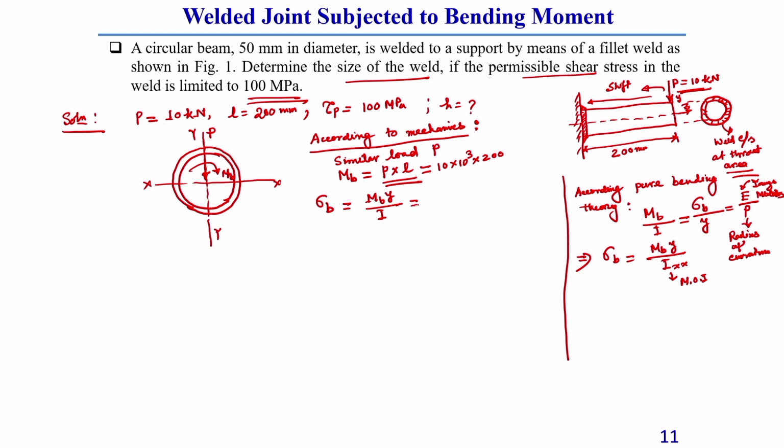MB is already calculated, P into L. Y will be generally the beam diameter by 2, that means the radius of this beam, because compared to the radius of the beam the throat thickness is very small, that is why generally we are neglecting the throat thickness t by 2 part.